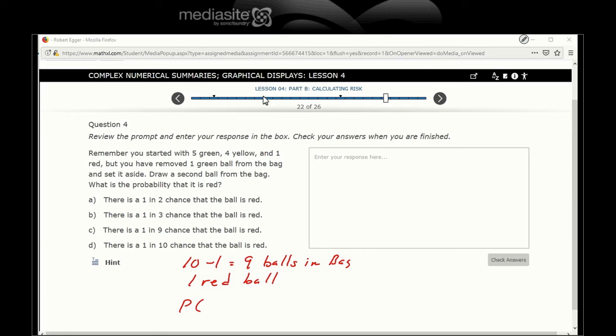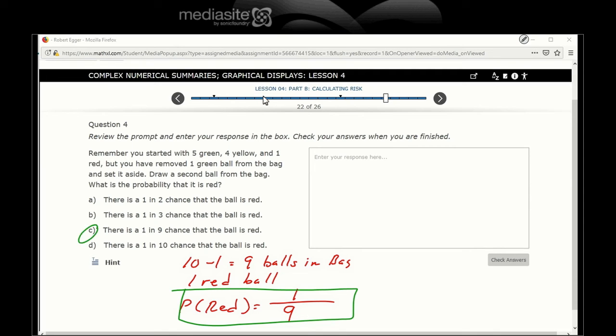So probability of now pulling a red, well, again, how many ways can we pull a red ball? Just one. Over how many total ways of pulling a ball, which is 9. So 1 in 9 chance. So it appears to be C.